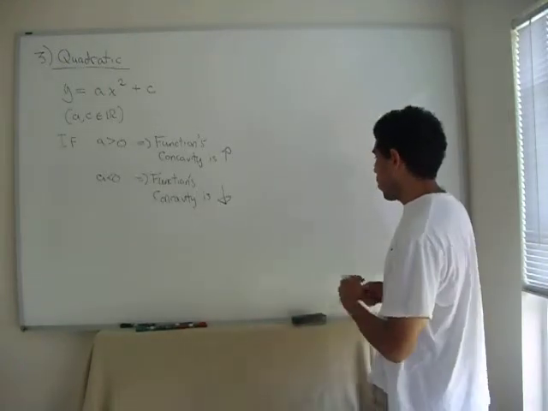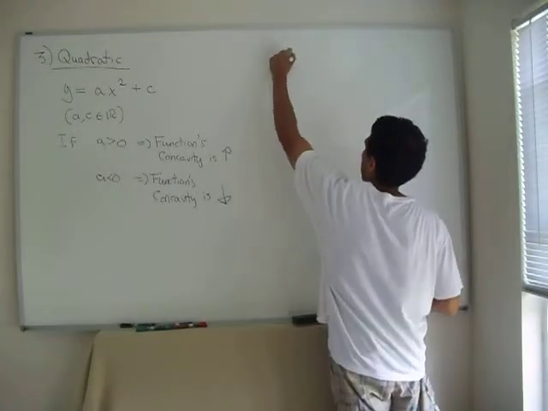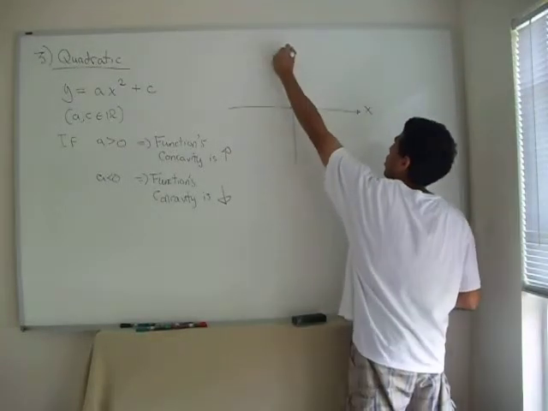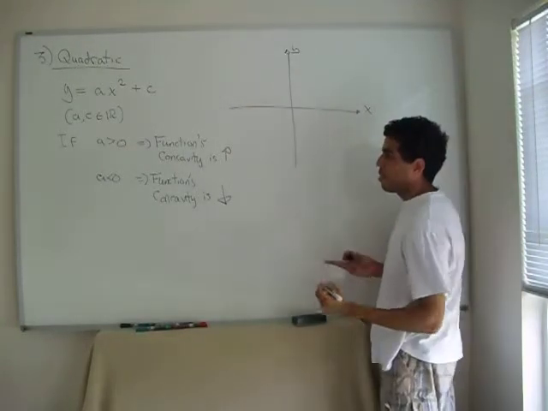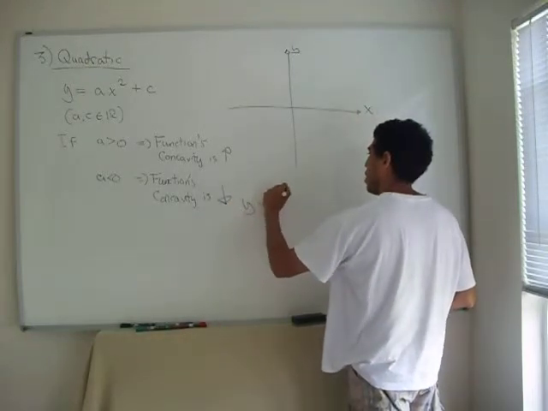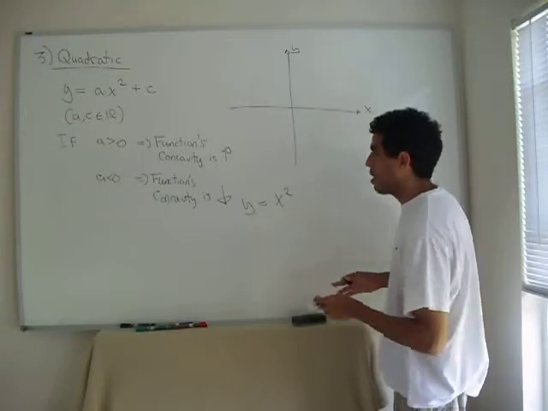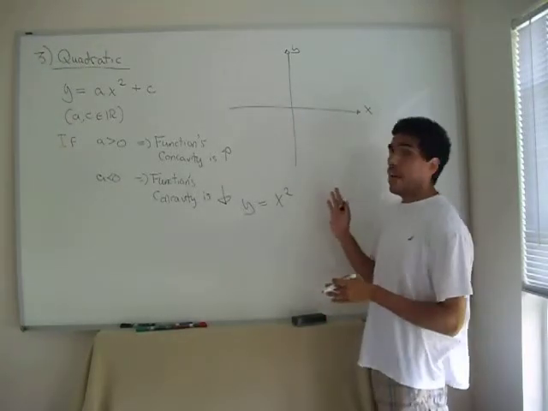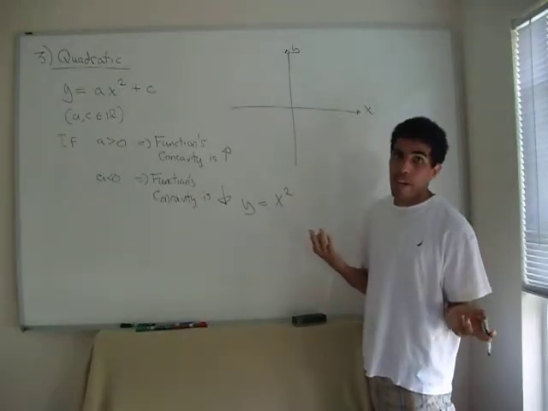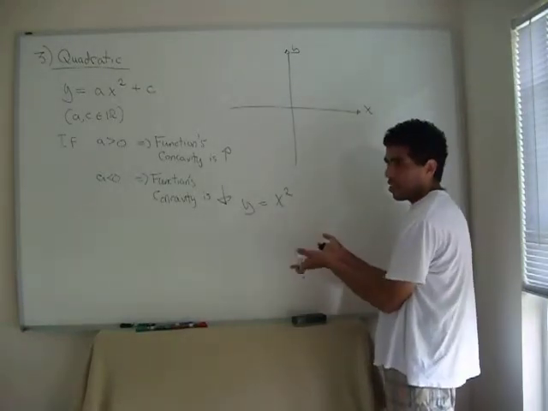So let's make a quick example. We have our axes right here. Let's say we have y equals x squared, the most basic quadratic function. a, as you can see, is positive 1. 1 times x squared is x squared. That means the concavity is going to be up.